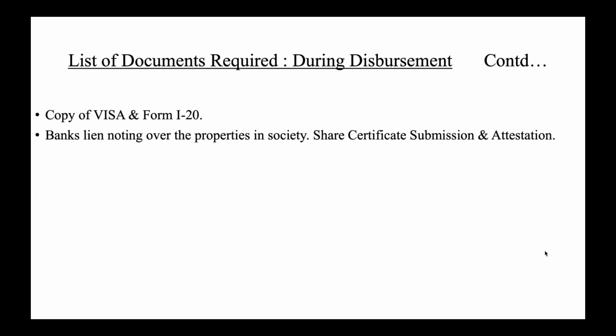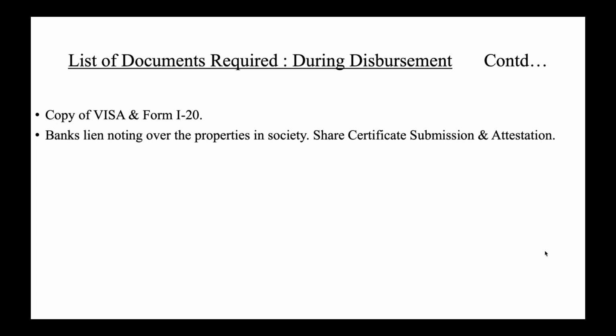There is a bank lien noting of the properties in the society. Now, how does this happen? A society has given all of you, or your parents might be knowing, a share certificate. On the back side of the share certificate, they generally note who is the current owner of the share. If you purchase from somebody, you would have a share transfer sheet which will have the current owner.